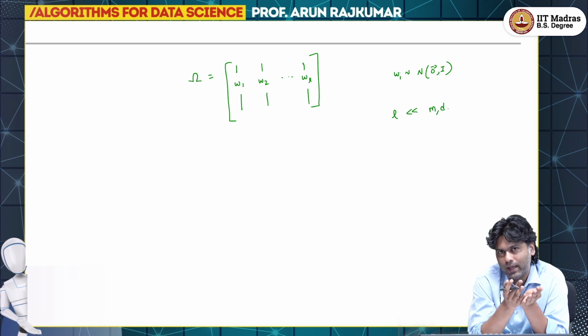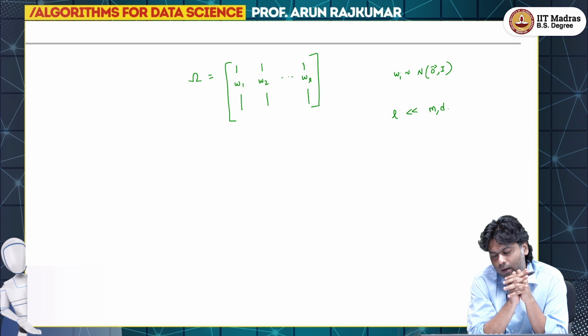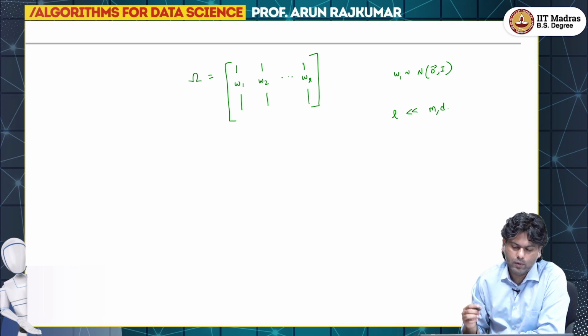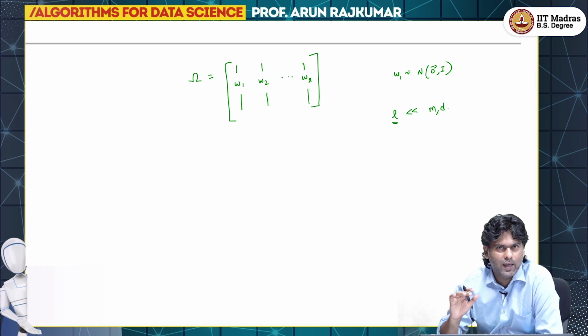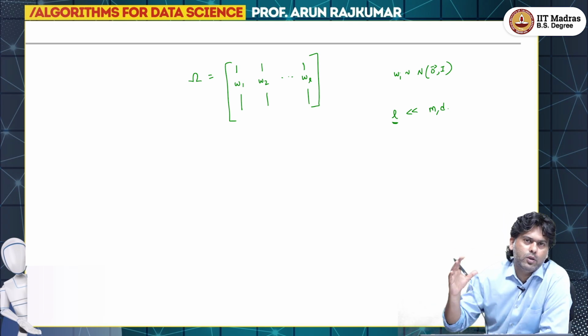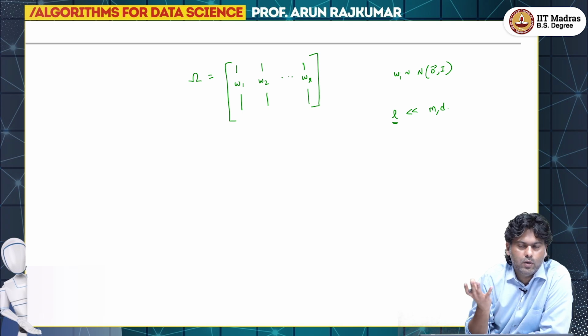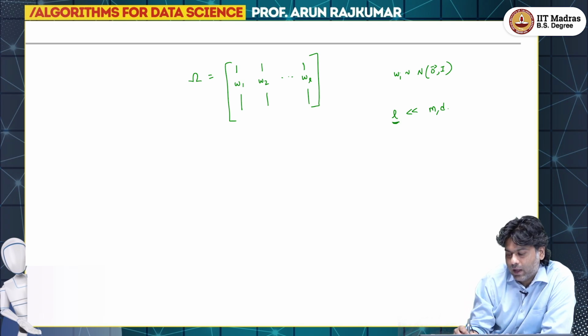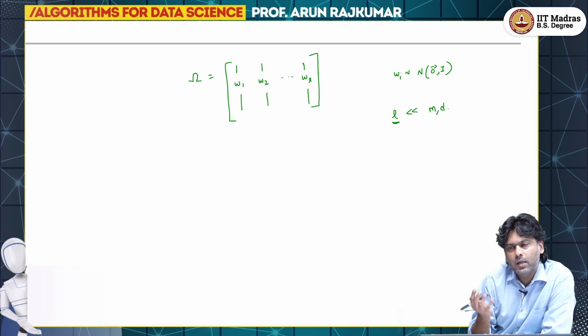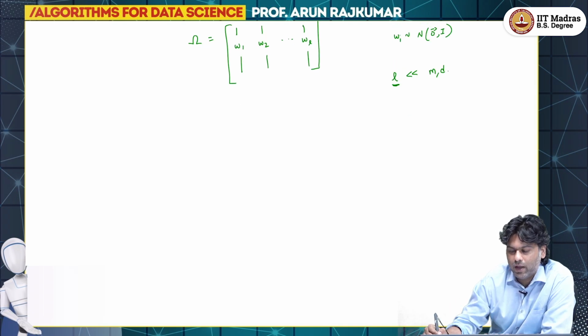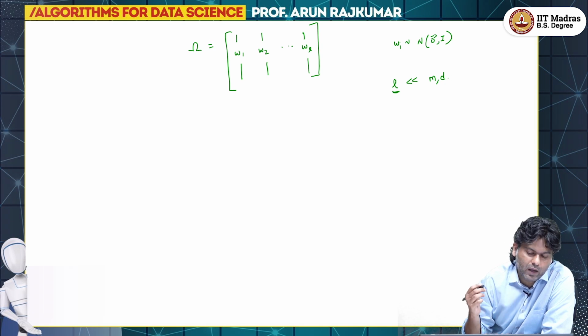So for now think of L as roughly K, which is much smaller than M or D. Maybe K is like 100, so maybe there's only a 100 dimensional subspace where most of the information of A is present. So I only set L as a small value.